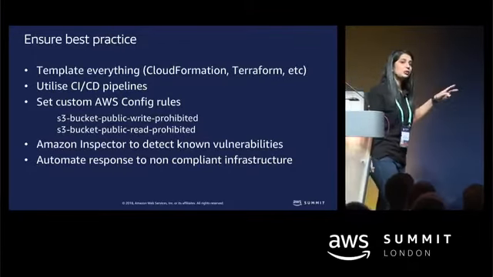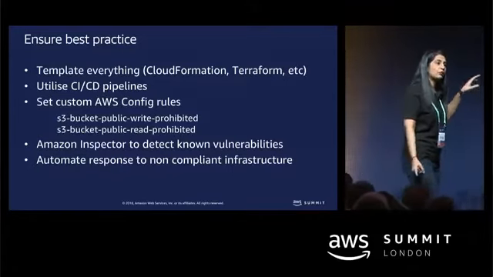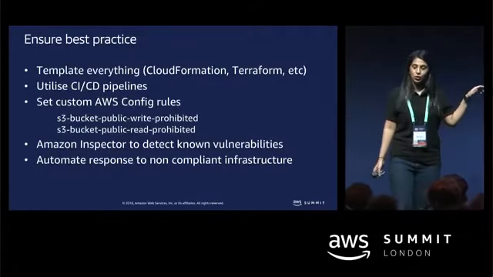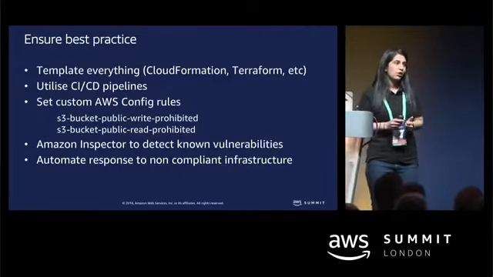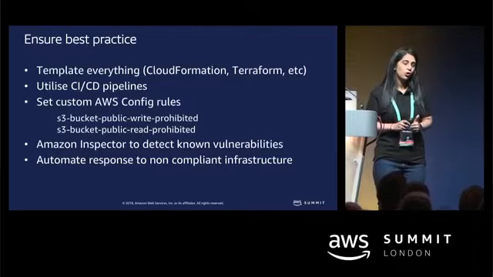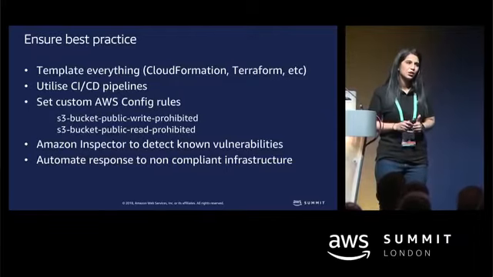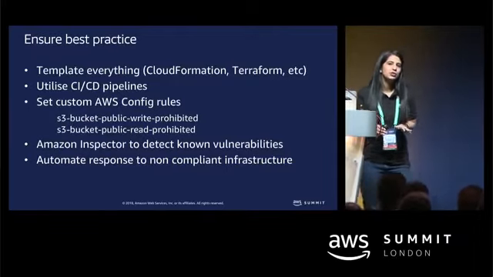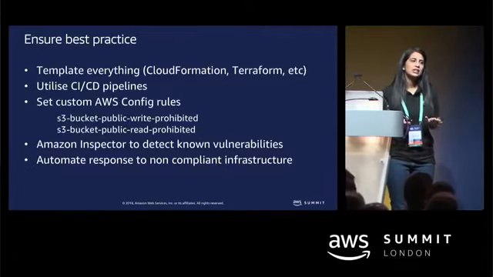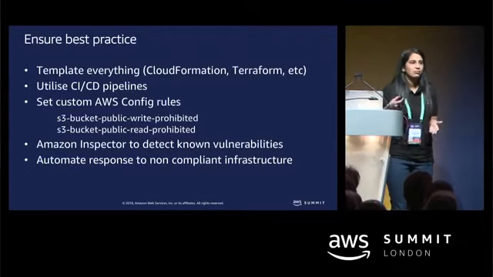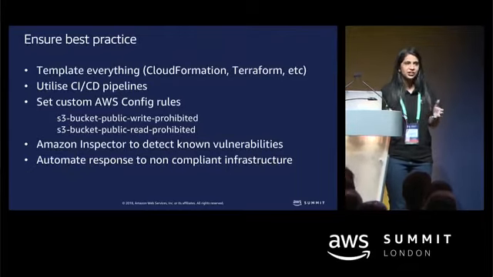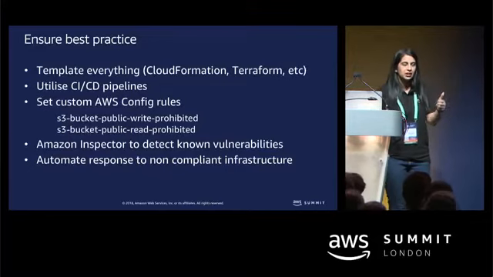I've put these two down specifically because these are fairly new. With S3 bucket public write prohibited, it automatically checks for global write access, which I don't think is normally going to be a requirement for someone, because it just gives unauthorized users the ability to upload malicious content and delete by overwriting the existing content of a bucket if you have this.